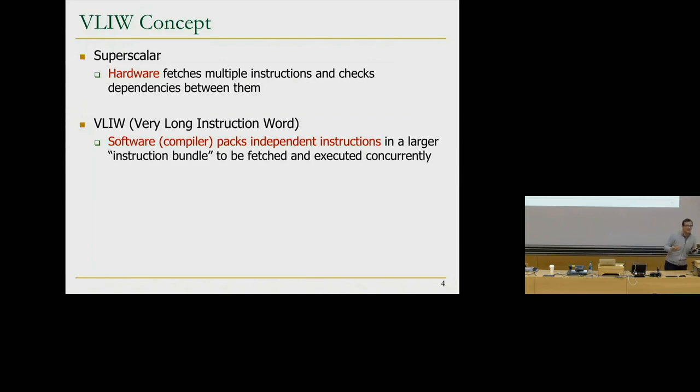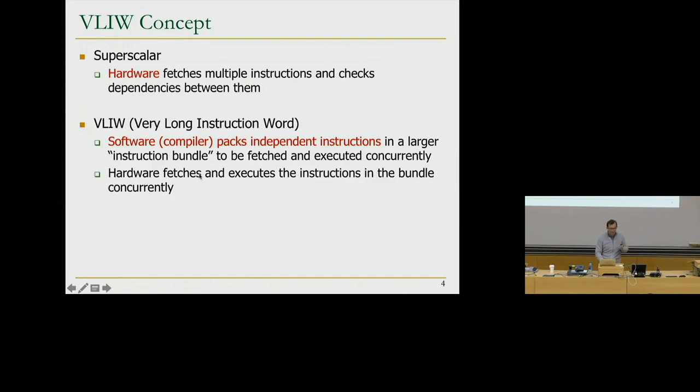VLIW stands for very long instruction word. If you're fetching n instructions per cycle, the compiler guarantees that those n instructions are independent of each other, so that hardware doesn't need to do dependence checking. It's a beautiful concept, and we will see the upsides and downsides of it.